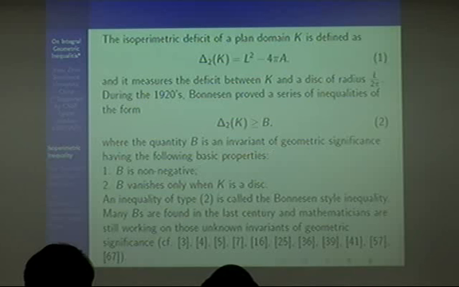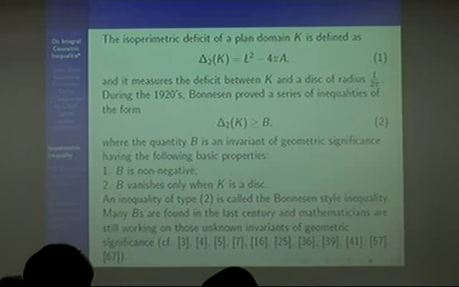B is non-negative, and B vanishes when K is a disk. If B is 0, then K must be a disk. An inequality of this type is called a Bonnesen-style inequality.